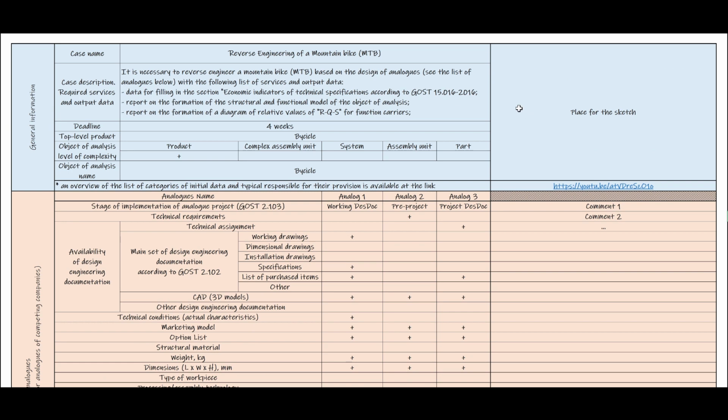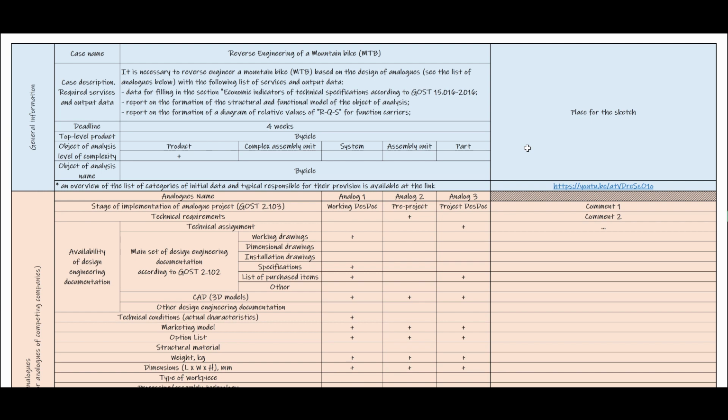For each educational object of analysis, I will fill out this form for the object of analysis under consideration. Then, based on the available initial data, analytical reporting will be generated and interpreted in the context of making design engineering decisions. I use this form, among other things, when working with external customers of cost engineering services.